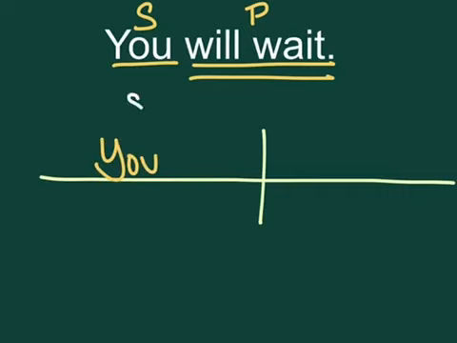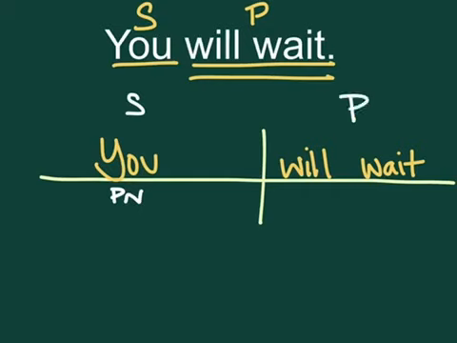We're going to put S above for subject, and we're going to label it as a pronoun. Now on the right-hand side, we're going to put two things. Will wait. We're going to put P above for predicate, and then we're going to label these below. HV for helping verb, verb for wait.